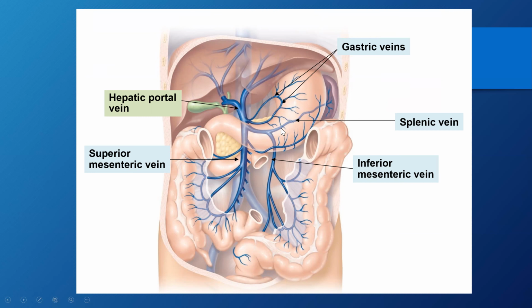So after you absorb most of your nutrients into these capillaries, then they unite to form those venules and veins. The first organ that this blood rich in nutrients goes to will be liver for processing.